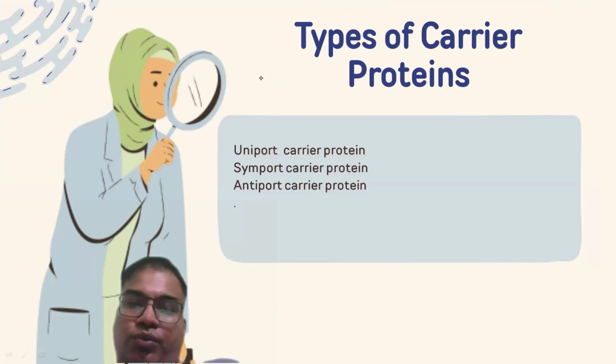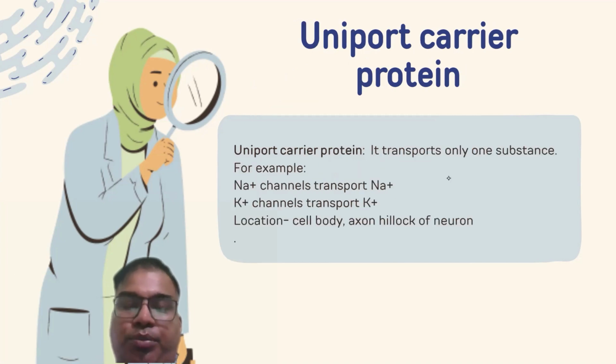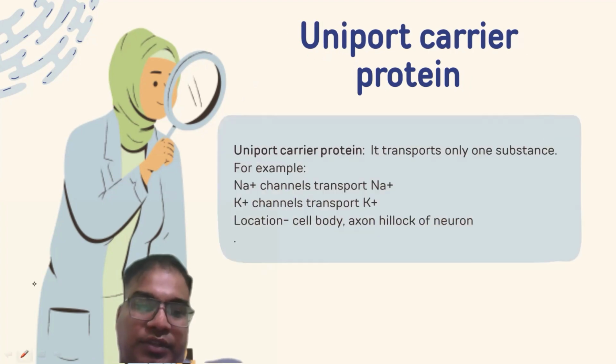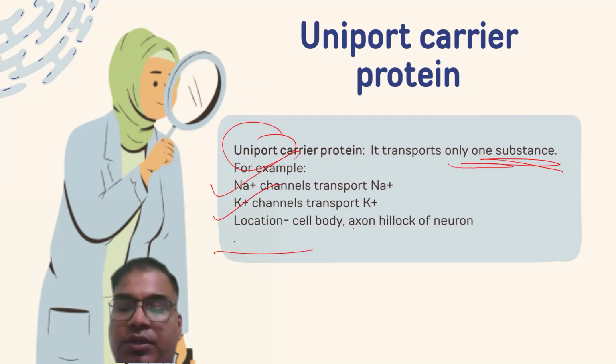So we could also have a basic idea about various carrier proteins. There is a uniport carrier protein, symport carrier protein, and antiport carrier protein. The uniport carrier protein transports only one substance, as its name suggests. It could be sodium, potassium, or some other ion.